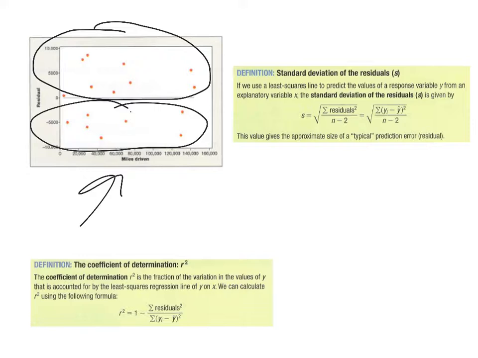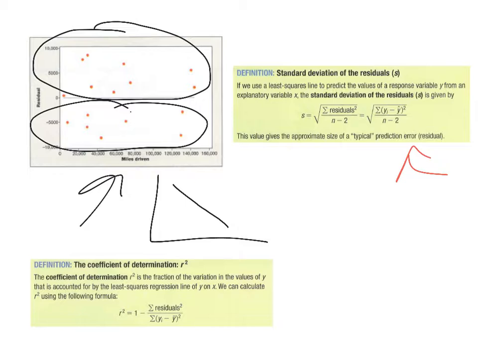Well, one of the tools that we can use to see how well our line is going to fit our data, so again, seeing how good this least squares regression line would be, is we can look at the standard deviation of the residuals. That gives us basically the size of our typical error.